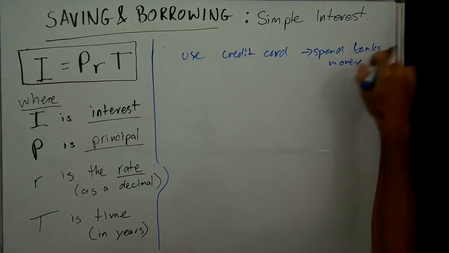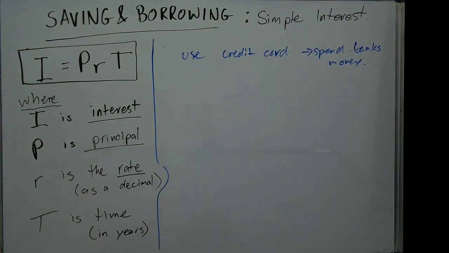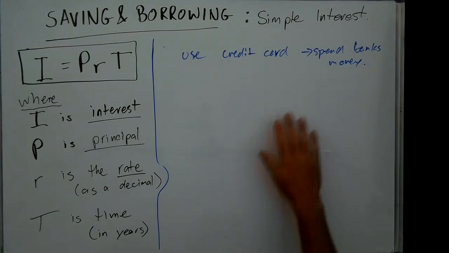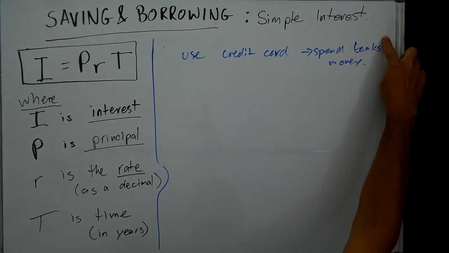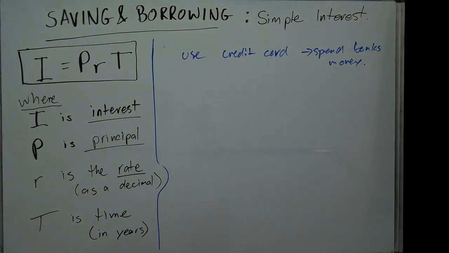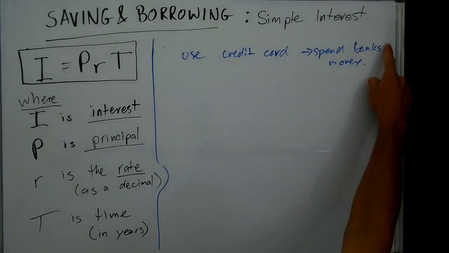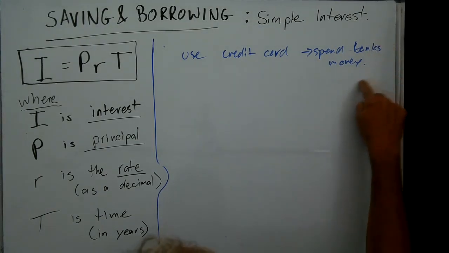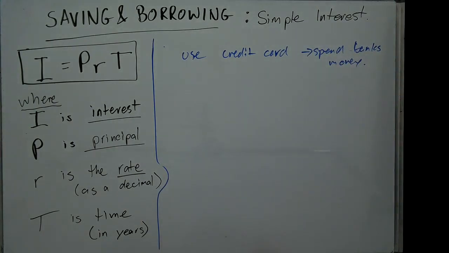So when you pay for that thing that you don't have the money for, if you've arranged with the bank that you can spend their money, you're essentially borrowing money from the bank. The bank will have a specific period of days, or it might be until the end of the month, that you have the opportunity to put this money back in to the account. So you pay that money back, and if you pay it back within that amount of time, you don't have to pay any interest. But if you haven't paid it back, then they start calculating the interest for the number of days.